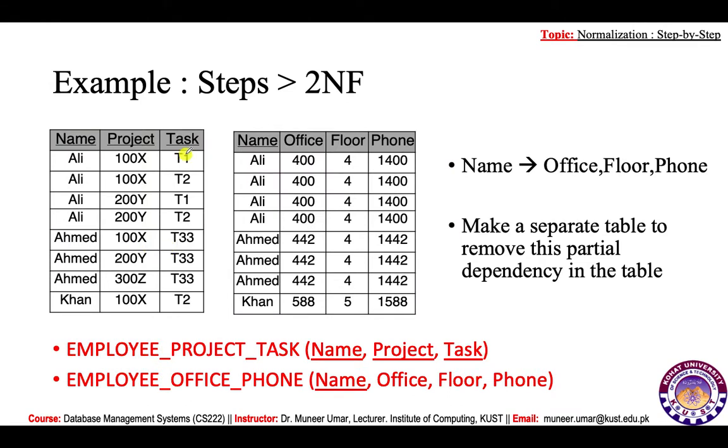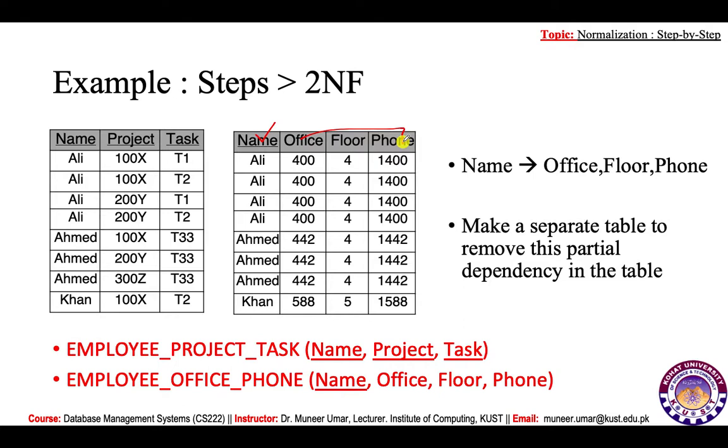The first table contains that composite key, and the second table contains those attributes which were partially dependent on that composite key. Those attributes were dependent on name. So we used name with these three attributes.